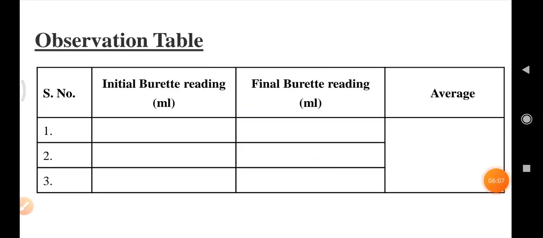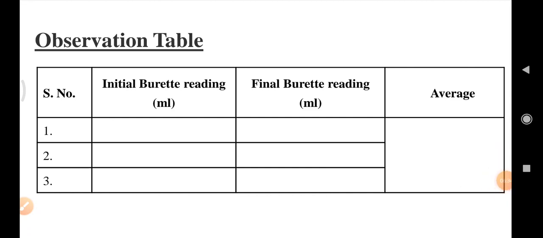The value obtained after the titration is written in the observation table, and you have to prepare your observation table like this: the initial burette reading, the final burette reading and the average reading. The minimum reading for the titration must be 3 readings.